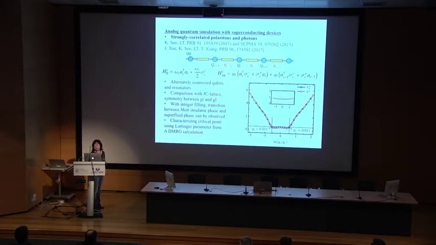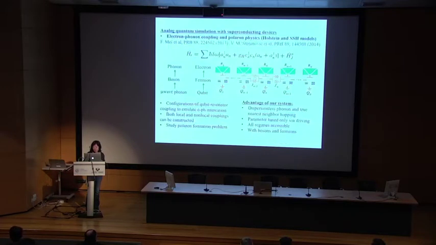The competition between the coupling constants GL and GR generates a quantum phase transition between the Mott insulating phase and the superfluid phase. We calculated the phase diagram of the system with a DMRG approach, and by characterizing the Luttinger parameters in the system, we can derive exactly where the critical point is.